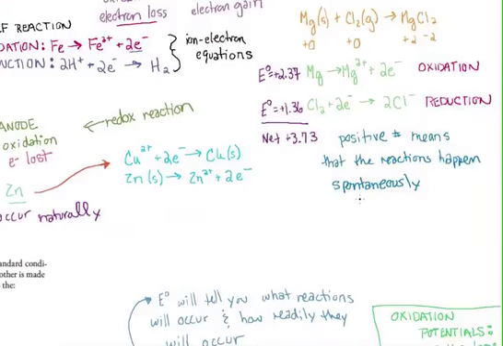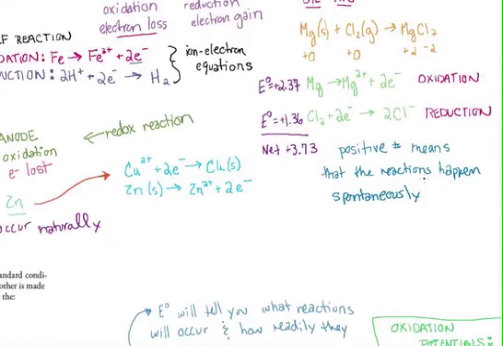So finding that this has a positive number for its net is pretty much as good as telling me that the reaction will occur in a galvanic cell.